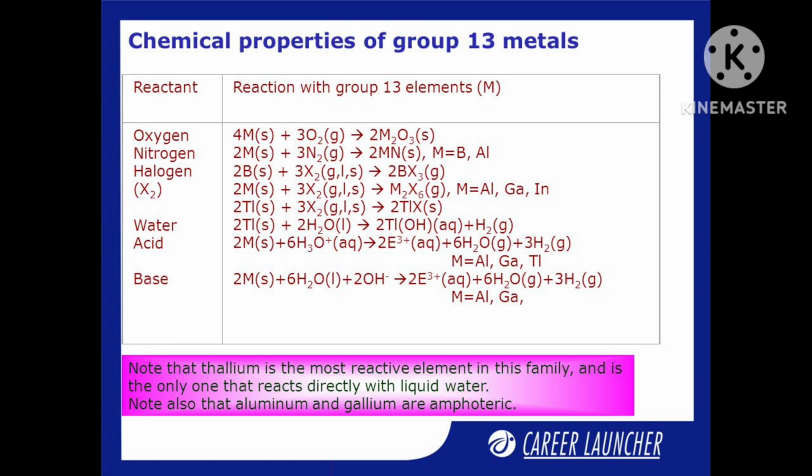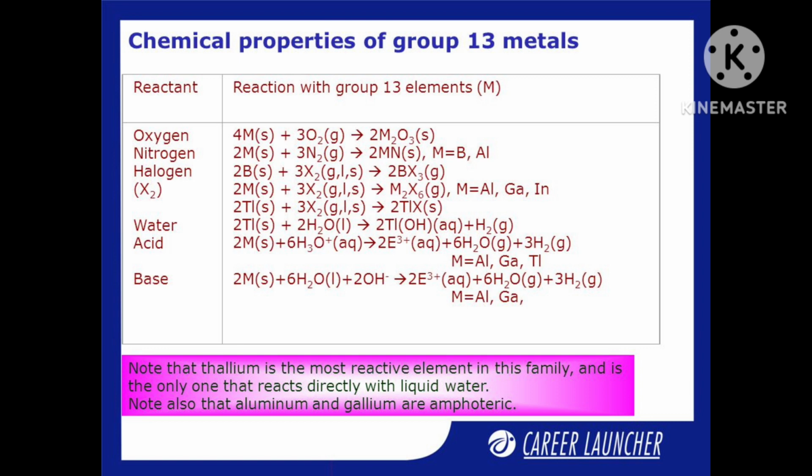Any species which accepts a pair of electrons is called Lewis acid. It behaves as a Lewis acid because it requires a pair of electrons to achieve a stable electronic configuration. The tendency to behave as a Lewis acid decreases with increase in the size down the group.